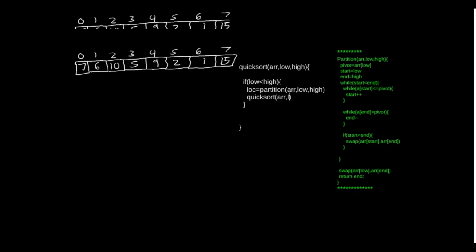Then quicksort array, low to loc minus 1, so you do the left half of the partition.